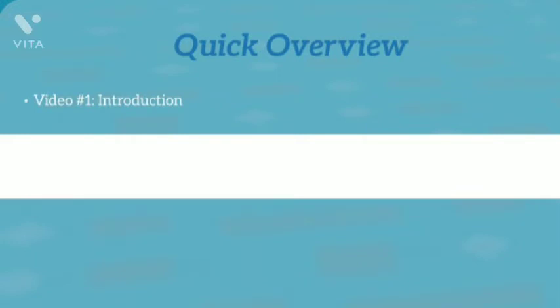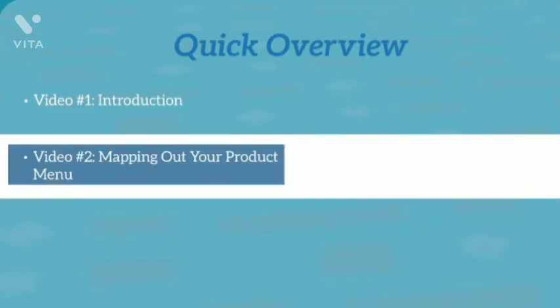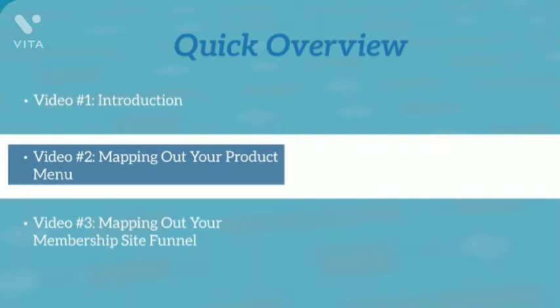Video number 1 is this particular video. Video number 2 is mapping out your product menu. The reason why you want to do this is you want to get an idea of what the customer sees when they first log in. And then you want to map out your membership site funnel so that you can get a bird's eye view of how many levels there are, and how you are going to drip feed it.